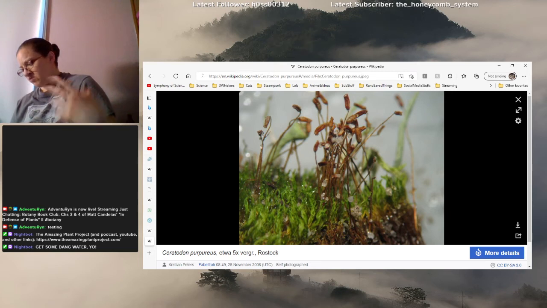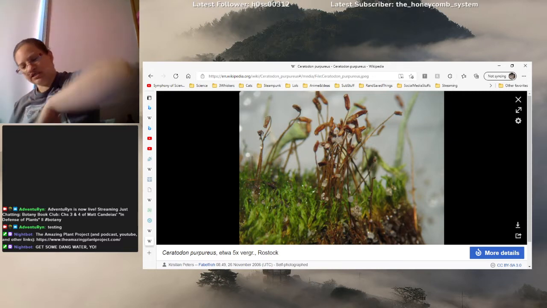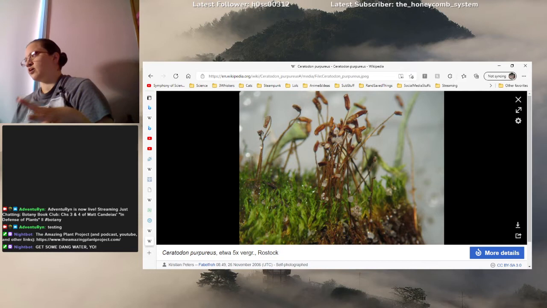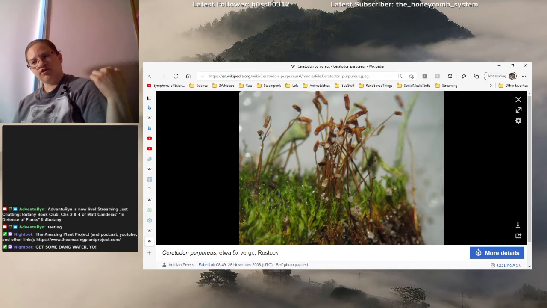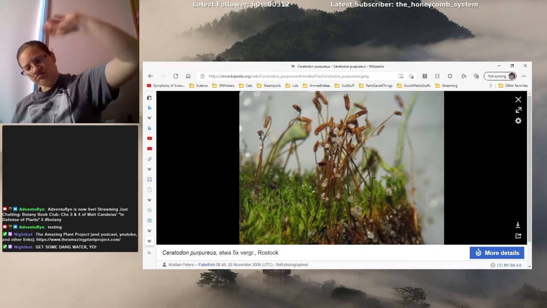But whereas most mosses need water for the gametes to flow freely, these guys have evolved a kind of symbiotic relationship with springtails, which are really tiny arthropods.